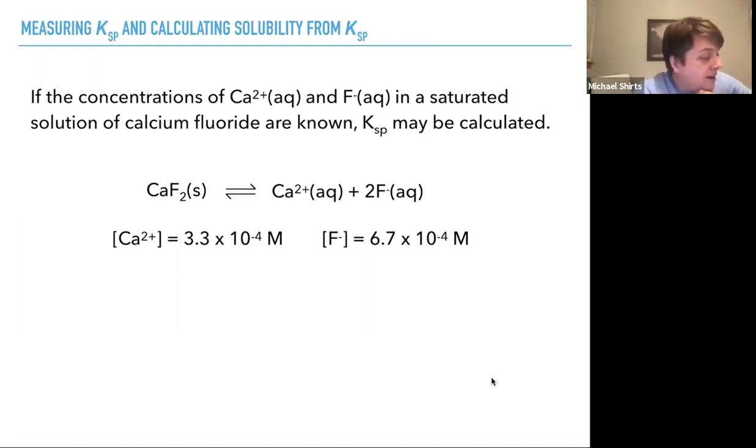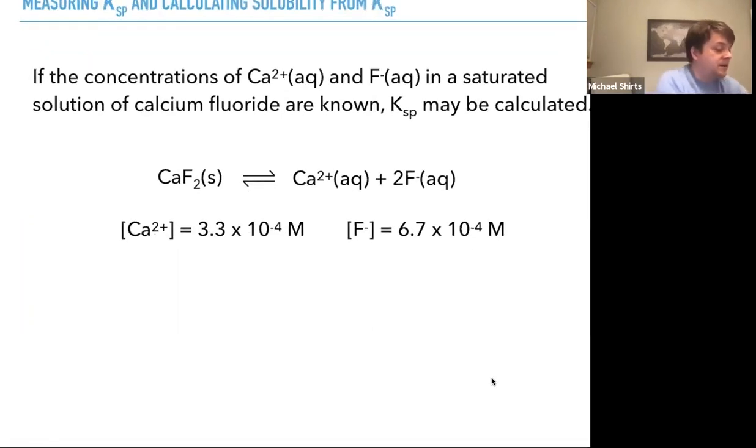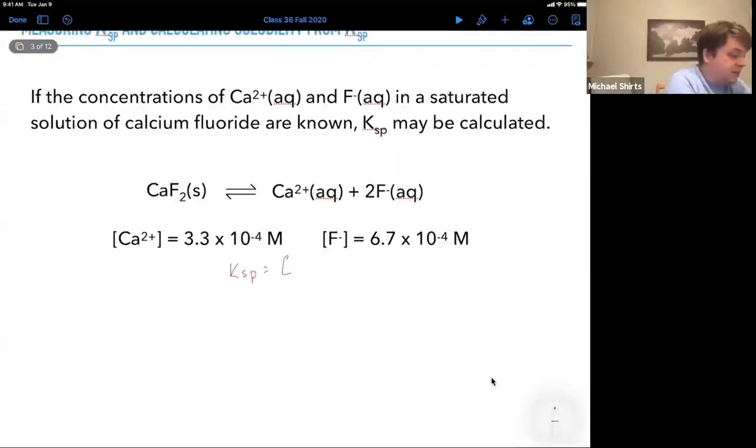Okay, so we have calcium 2+ and fluoride. The KSP is simply equal to the calcium concentration times the fluoride concentration squared. Adding these in, we just get 1.5 times 10 to the minus 10.